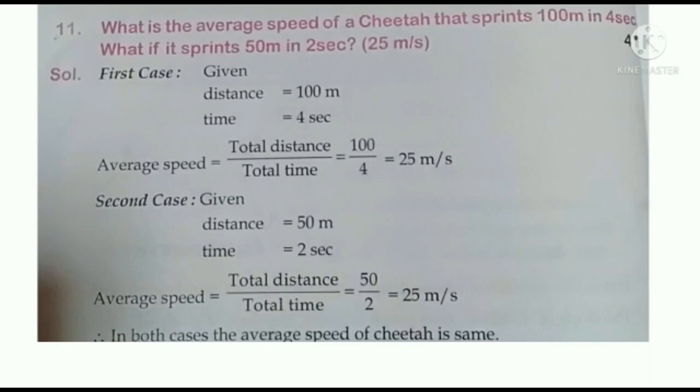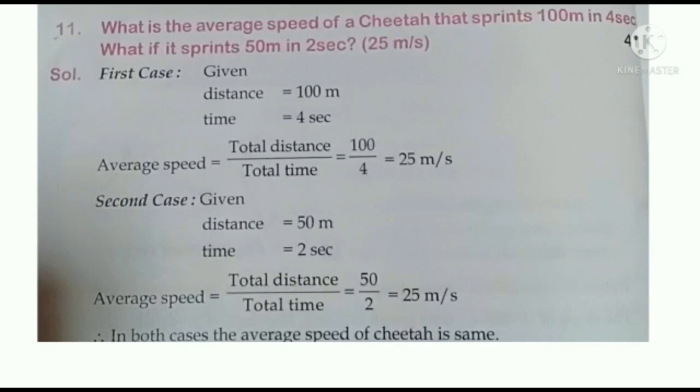So in the first case, average speed is equal to 25 meter per second. In the second case also, the average speed is equal to 25 meter per second. So by observing that in both cases, the average speed of the cheetah is the same.